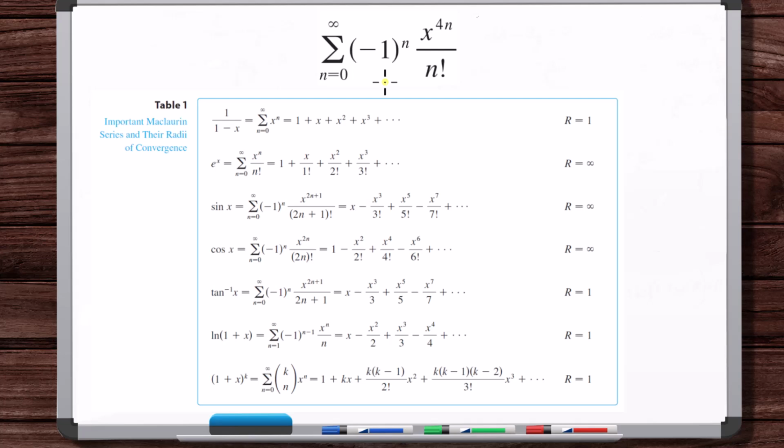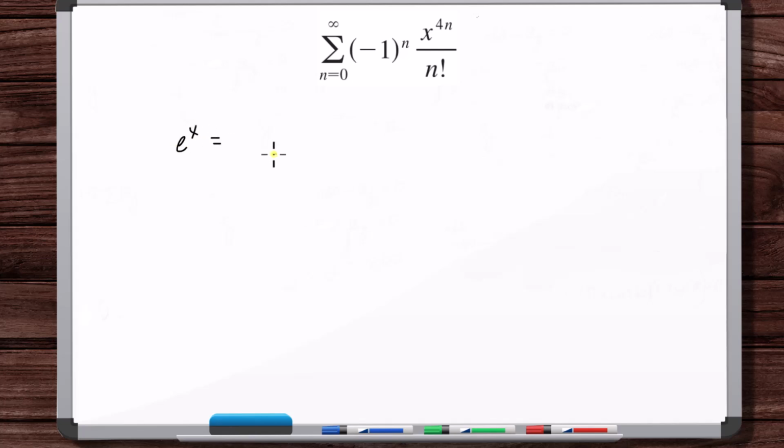Okay, so if you think about it, e to the x, we can get this minus 1 to the n by putting a minus sign. So what you get is minus x to the 4th to the n.